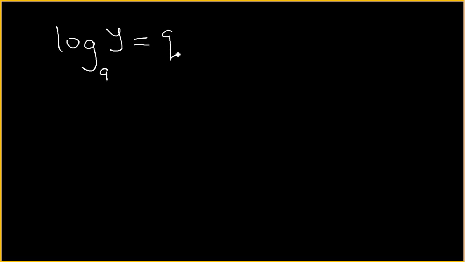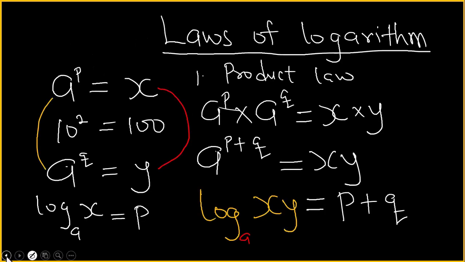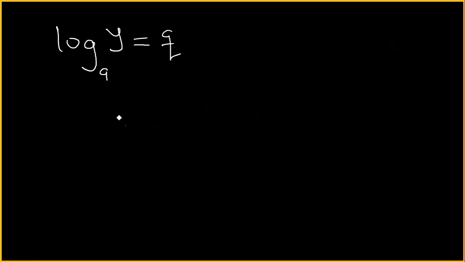So let's move back and check. Log of the result y to the base a is equal to q. So from the log equation, log xy base a equals p plus q, we have p to be log x base a, and we have q to be log y base a.